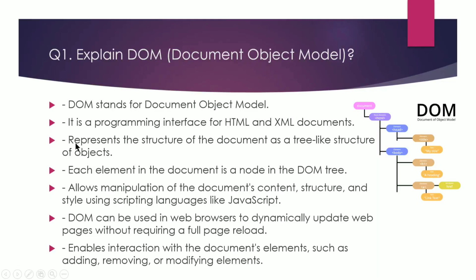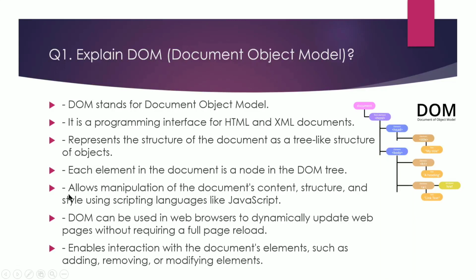This diagram represents the tree-like structure of objects. As you can see, there is the HTML object, the head element, and the body element. This is the tree kind of structure that is present in your HTML. Each element in the document is a node in a DOM tree, and the whole structure is known as the DOM tree. It can vary according to your HTML.